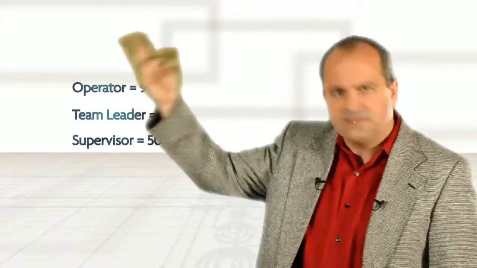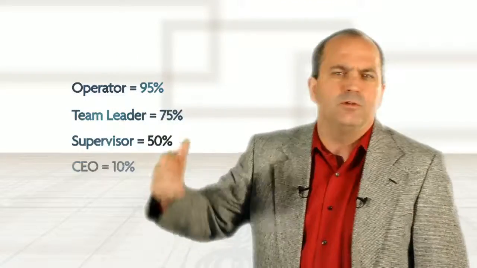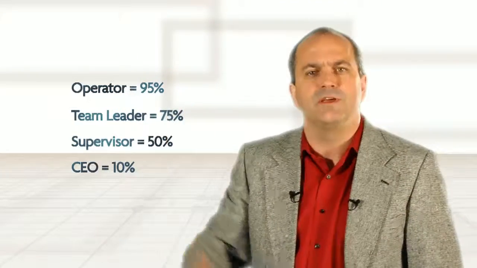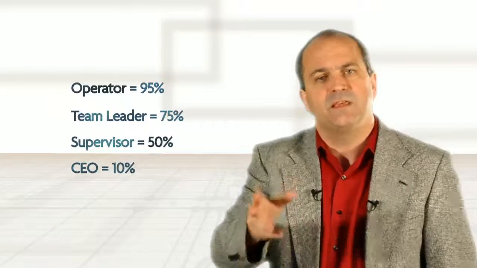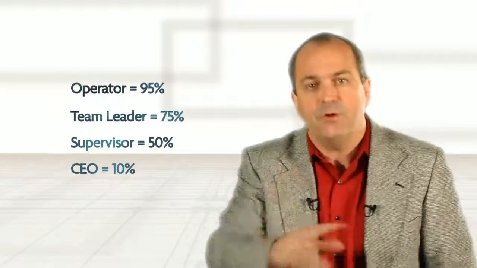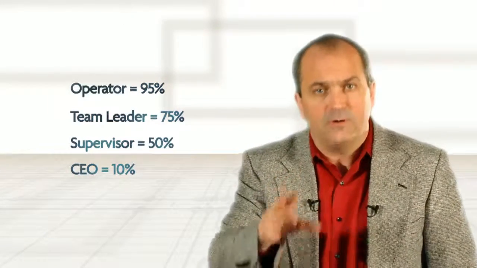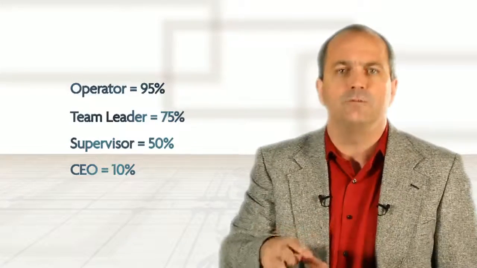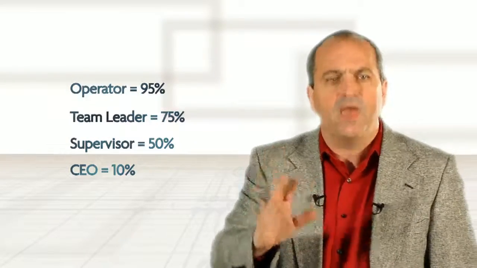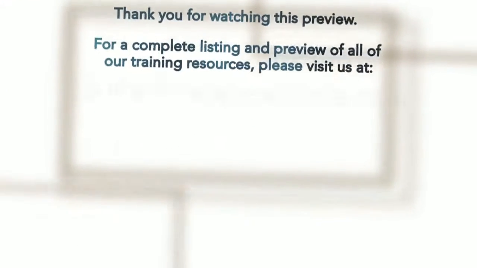And the next level, supervisor, perhaps 50%. And all the way up to the CEO, who would still have standard work, maybe only 5 or 10% of his or her time would be dictated by standard work. But the point is, everyone has it. And it's important for the entire organization and all the employees to know that everyone has standard work.